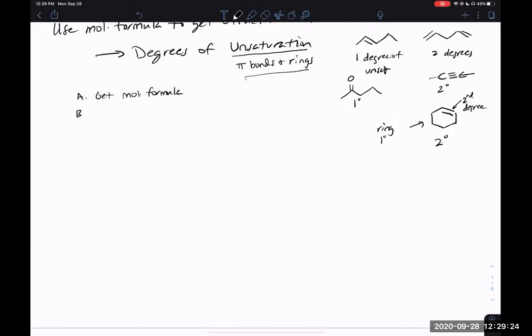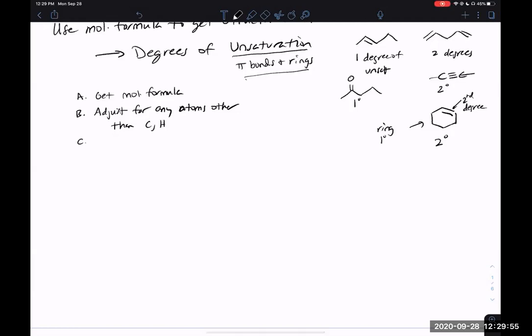And then the second thing you do is you have to adjust it for any atoms other than carbon and hydrogen. And you'll see why in just a minute. So we're going to do an adjustment. If we have O's, we have to do an adjustment. N's, halogens, anything that's not carbon and hydrogen has to be adjusted.